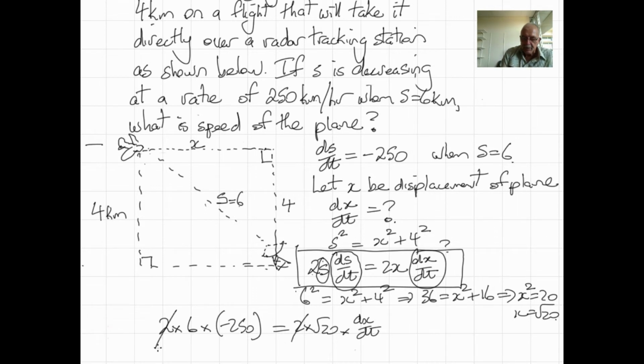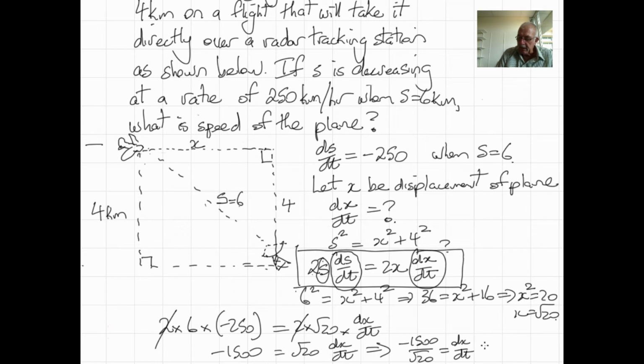Divide right through by 2, both sides. So this will be negative 1500 is equal to root 20 dx/dt. And from that, if we divide right through by root 20, we've got negative 1500 on root 20 is equal to dx/dt.